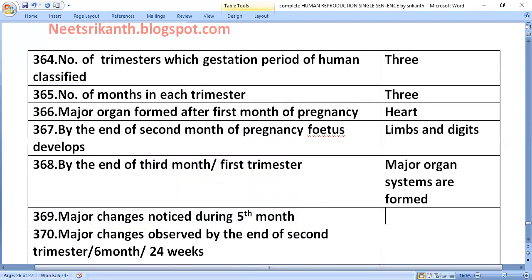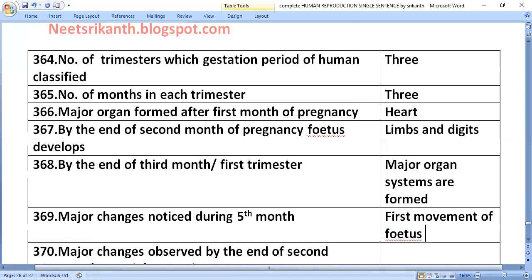Major changes noticed during the fifth month: the first movement of the fetus is noticed, and hair on the head.